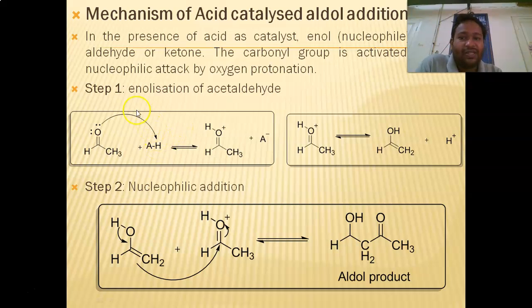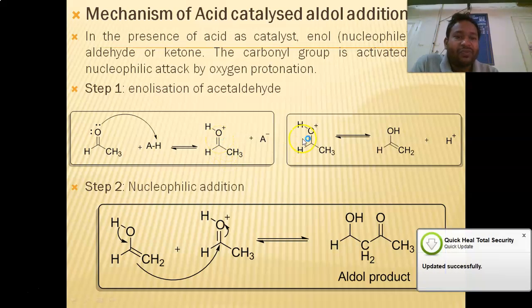This H plus ion is grabbed by the oxygen of the carbonyl compound, forming a positive charge on the oxygen, which in turn abstracts the pi electrons from the carbon-oxygen bond, forming the corresponding enol. So this is how the enol is formed.